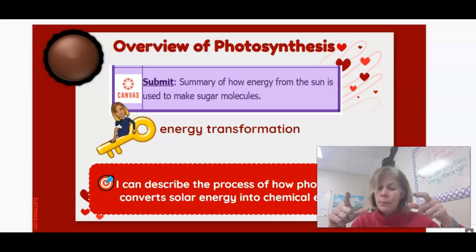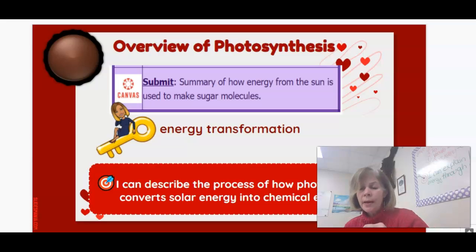And notice how that summary ties to today's target about describing the process of how photosynthesis converts solar energy into chemical energy. So you can see the key idea there is energy transformation. So when you write your summary, what did you learn today about the energy transformation? Even if you didn't do all 4 tri-boxes, you're summarizing what you did today.